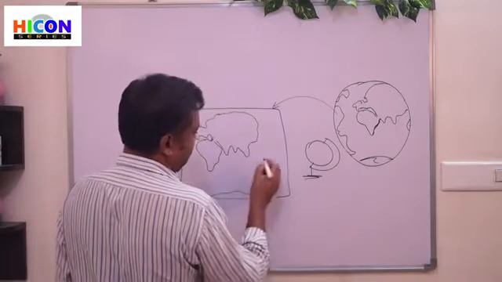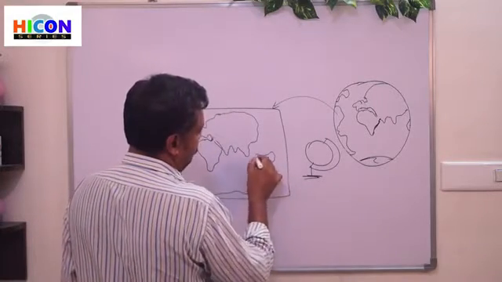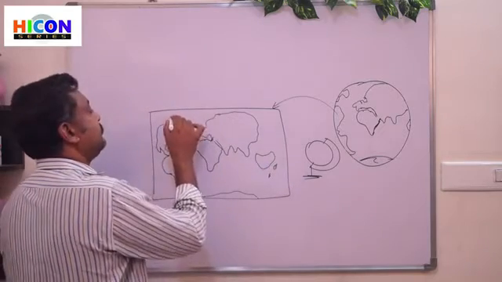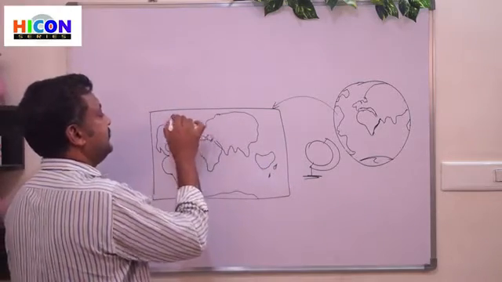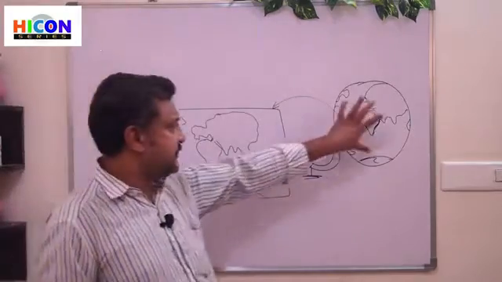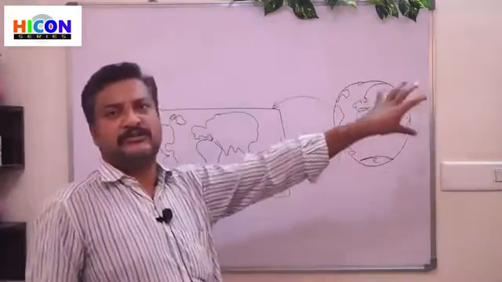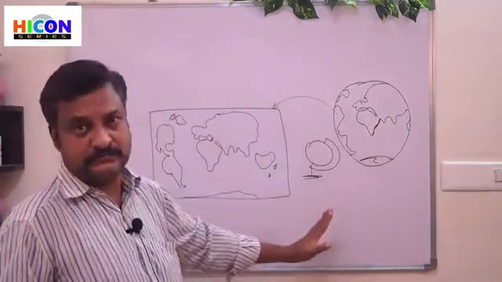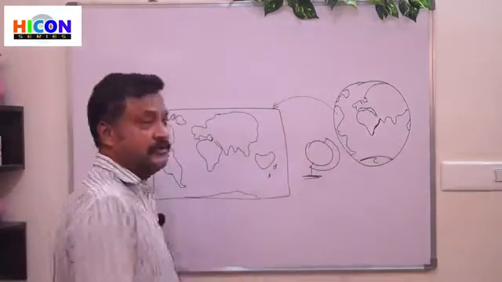Then this is Antarctica and Australia with the New Zealand islands. Here we have Greenland also. So nothing changes. This is spherical in shape, almost the shape of the earth, and this is a flatter one, on a flat body.